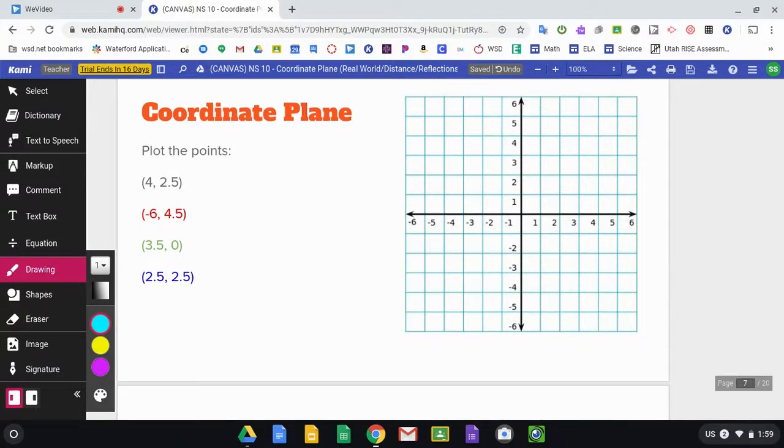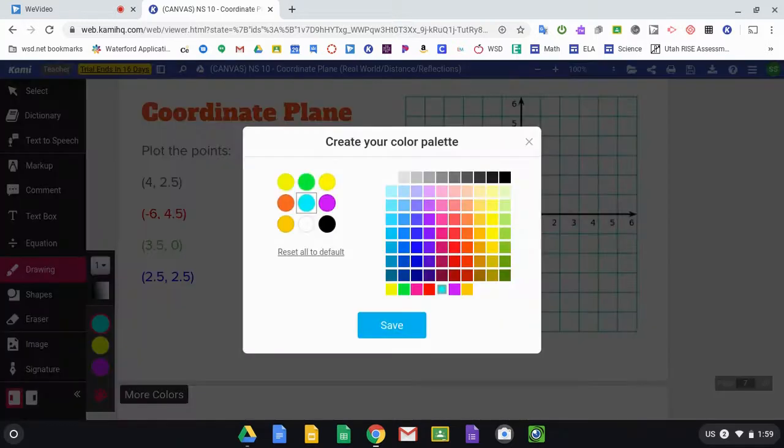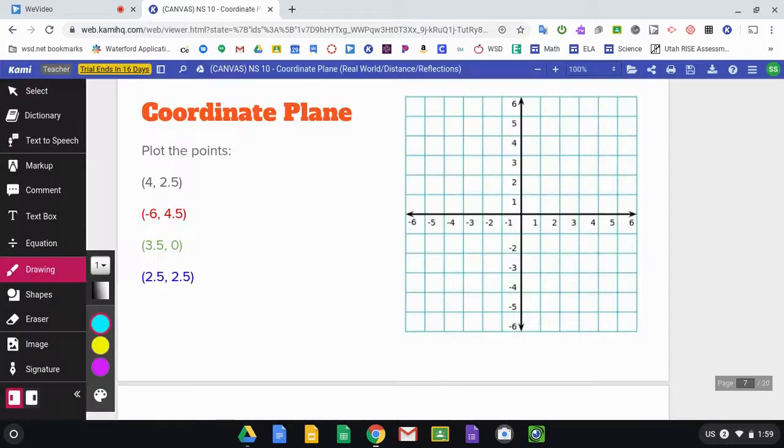Now review. I'm going to ask, well, I'll do one of these for you because it's a little different, and then I'll have you pause and do the other 3. So let me pull up my black, and I'm going to do this one. All right, remember, always start at the origin. Go to the left or right first, and it's +4, so I'm going to the right. 1, 2, 3, 4.